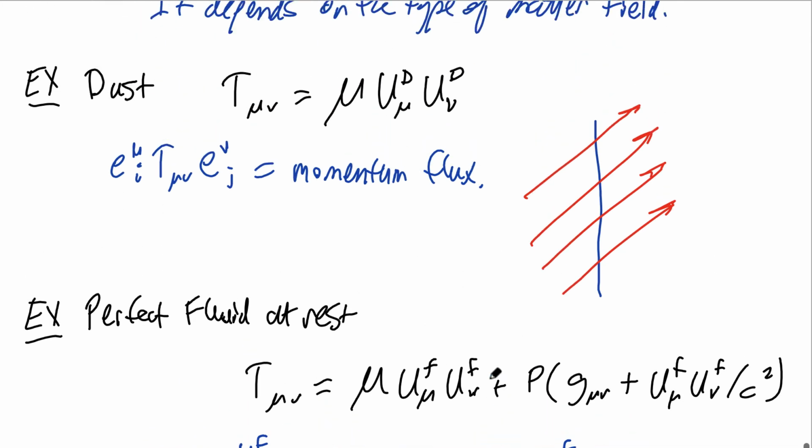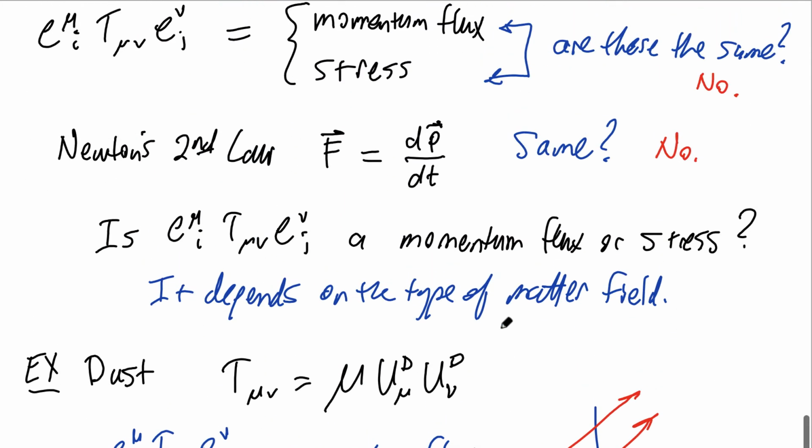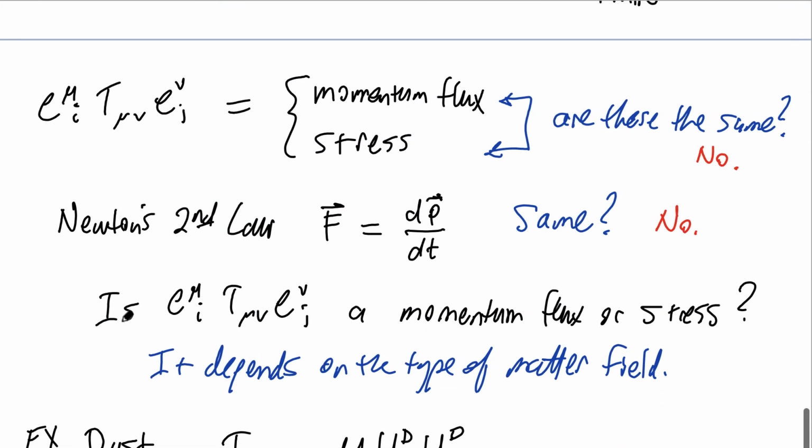So again, I think the correct perspective is that, depending on the context, sometimes it's momentum flux, sometimes a stress, sometimes a mixture of both. But as a matter of terminology, we usually refer to these as the stress components of the stress energy momentum tensor, even if it's a momentum flux.